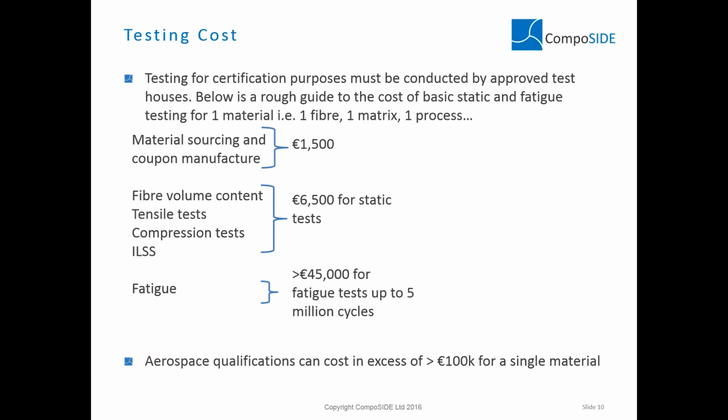And finally, if the application needs a set of fatigue data, you're looking at testing up to 5 million cycles at a coupon level, for a bill of about €45,000. As John mentioned, aerospace qualification can be even more extensive, depending on risk versus reward.